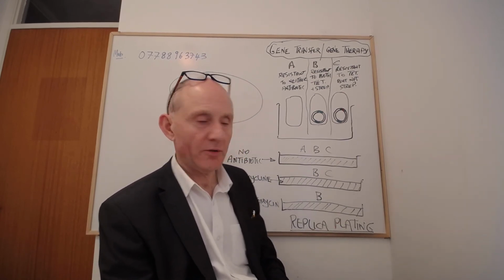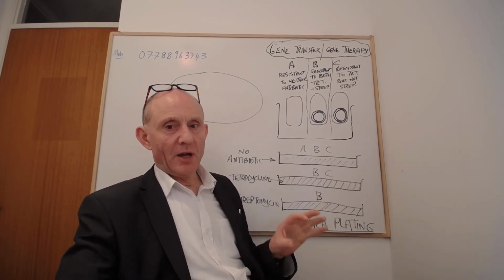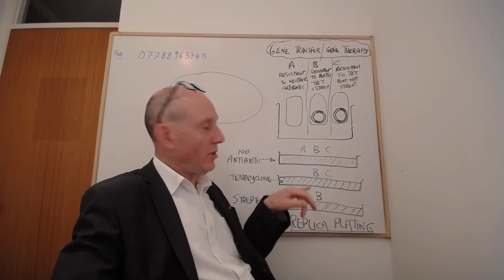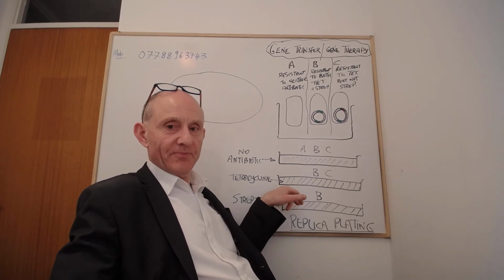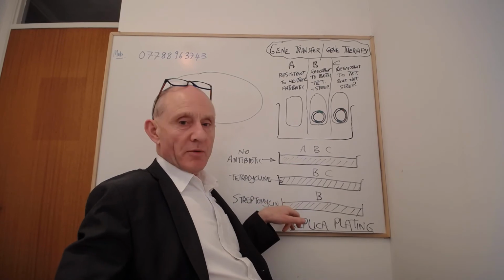Transfer bacteria onto each of the plates. And then the second mark is locate those bacteria that can grow on the tetracycline plate, but can't grow on the streptomycin plate.